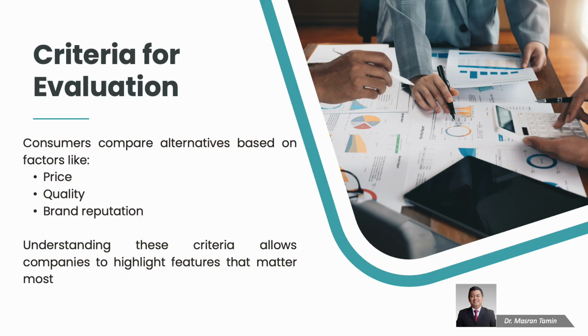For example, when buying a smartphone, a consumer may compare price, 2000 ringgit versus 2500 ringgit, features, battery life, and camera quality, brand, Apple versus Samsung. Understanding these evaluation criteria allows marketers to highlight the features that matter most in advertising and product messaging. This increases the likelihood that the consumer will select their brand.